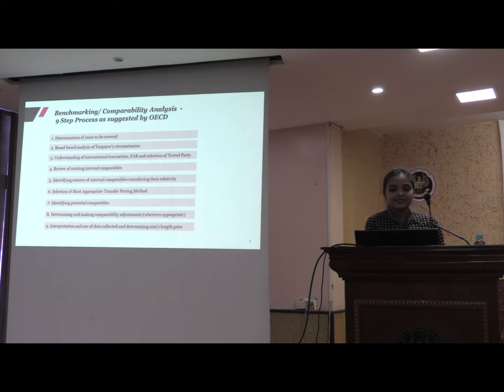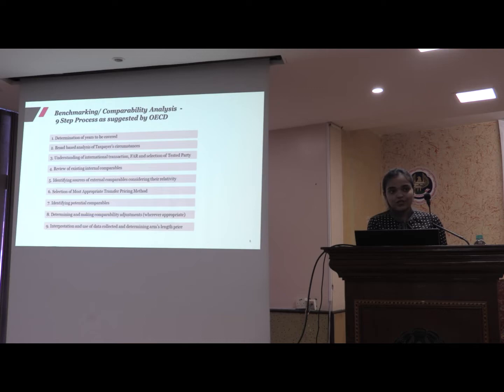As we earlier discussed, we have the OECD's 9-step process for preparing the benchmarking analysis or doing the comparability analysis. The first and foremost step is the determination of the years to be covered. Here, what the rule says is that we have to look at relevant, reliable data.